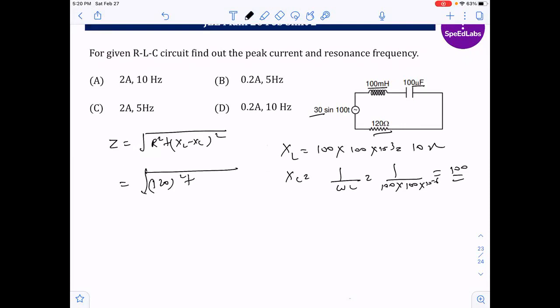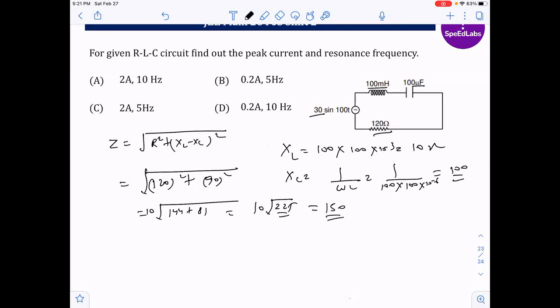XL minus XC is 10 minus 100, whole square, 90 whole square. If I take 10 common, then 12 square plus 9 square is 144 plus 81. That is 10 into root 225. Root 225 is 15. So Z equals 150.